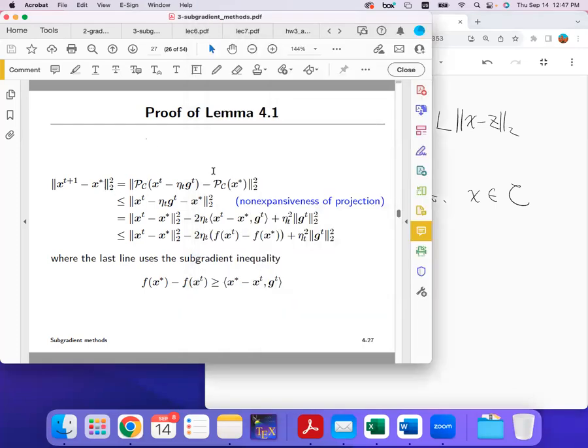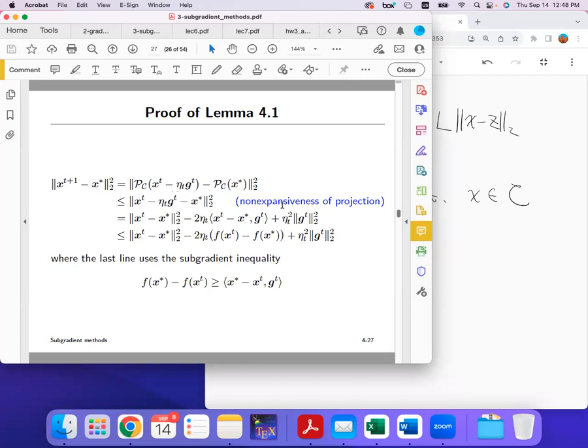Therefore, I can claim x star must be equal to the projection of itself because it is within the set C. And then we have shown that this projection is a non-expansive operator. So the difference between projections is less than or equal to the difference between these two points.